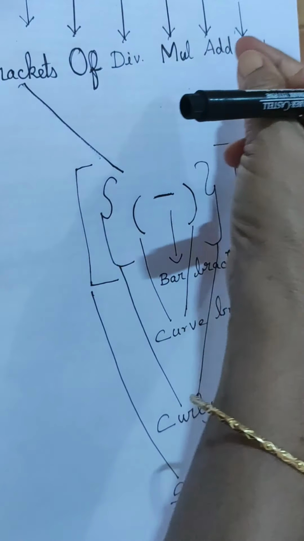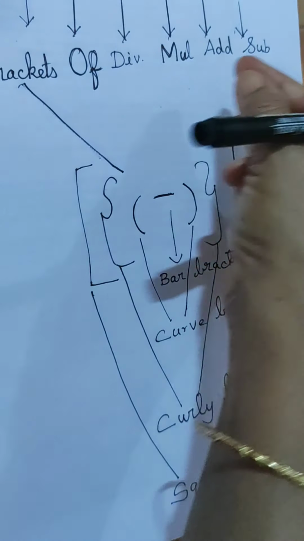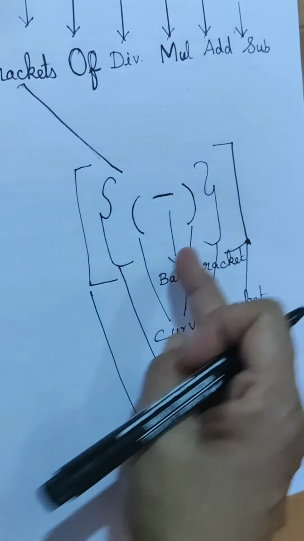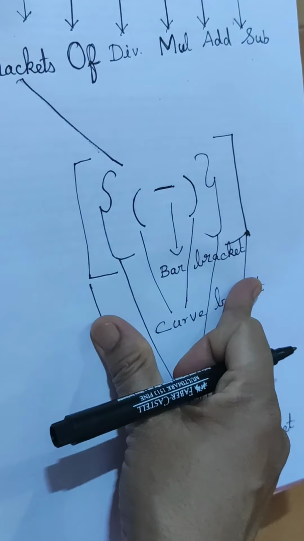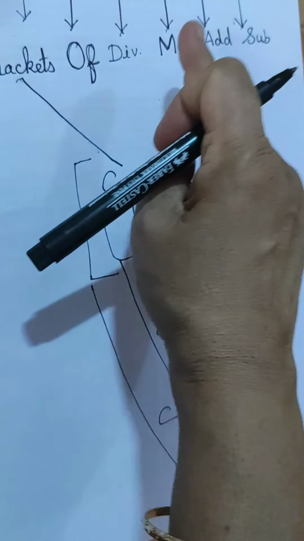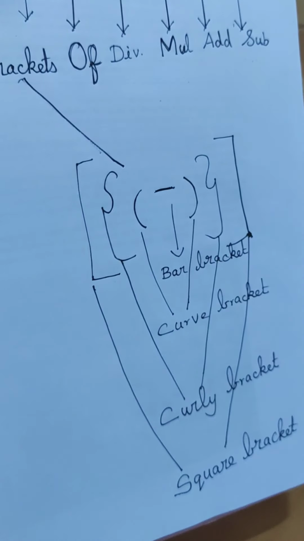If subtraction is given there, you can do the subtraction first, then the addition. It is not wrong. But first you solve all the brackets, then you come to the of, then the division, then the multiplication, addition and subtraction.